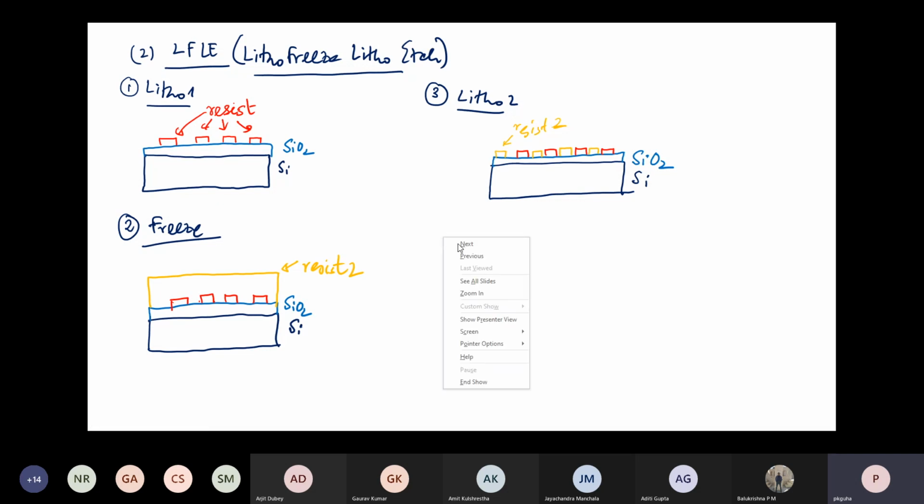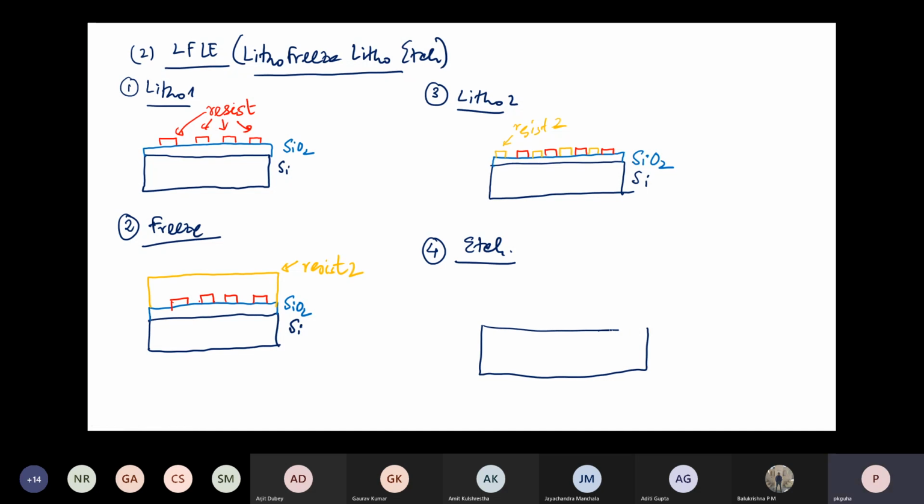So in this, what I have done, this is my silicon substrate, and on the silicon substrate I have etched SiO2 using both resist 1 and resist 2 pattern.